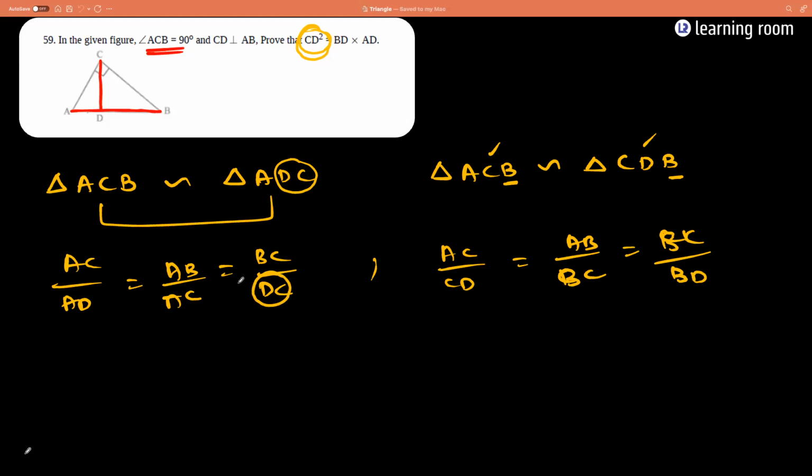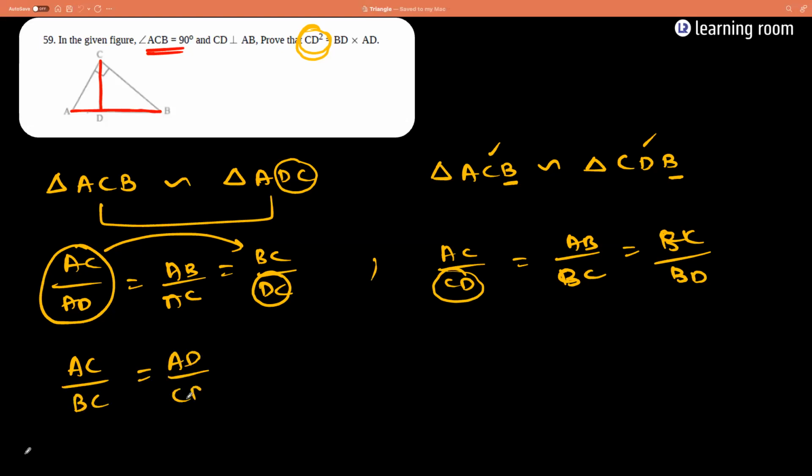I have a CD here, and I have a CD here. So listen what I'm doing: I'm taking this part and this part and equating these two. Then I'll get AC by BC is equal to AD by CD.